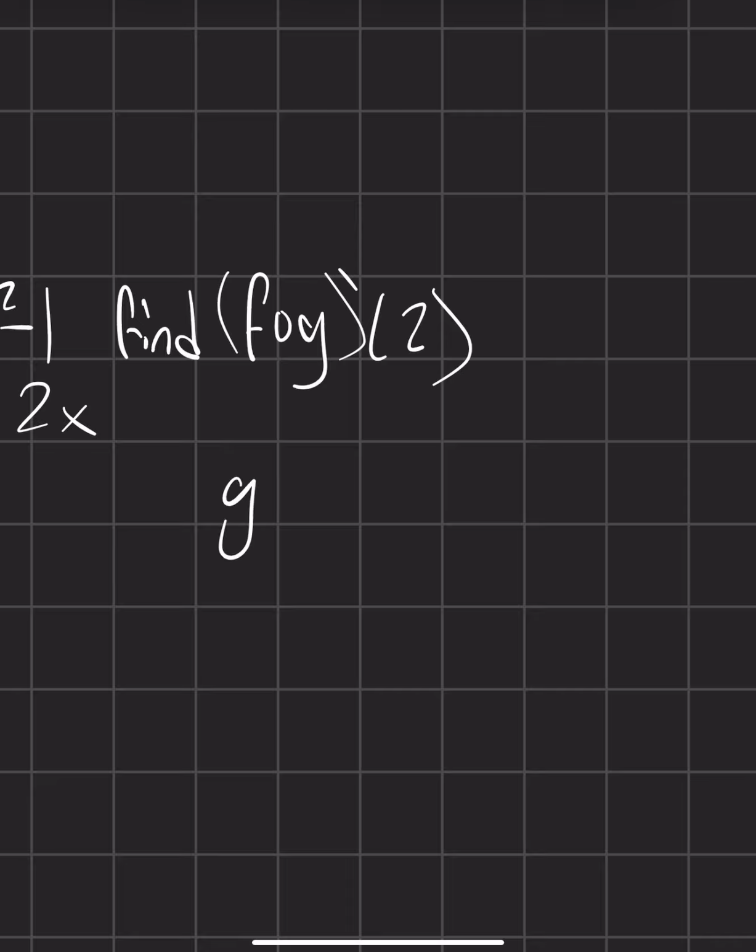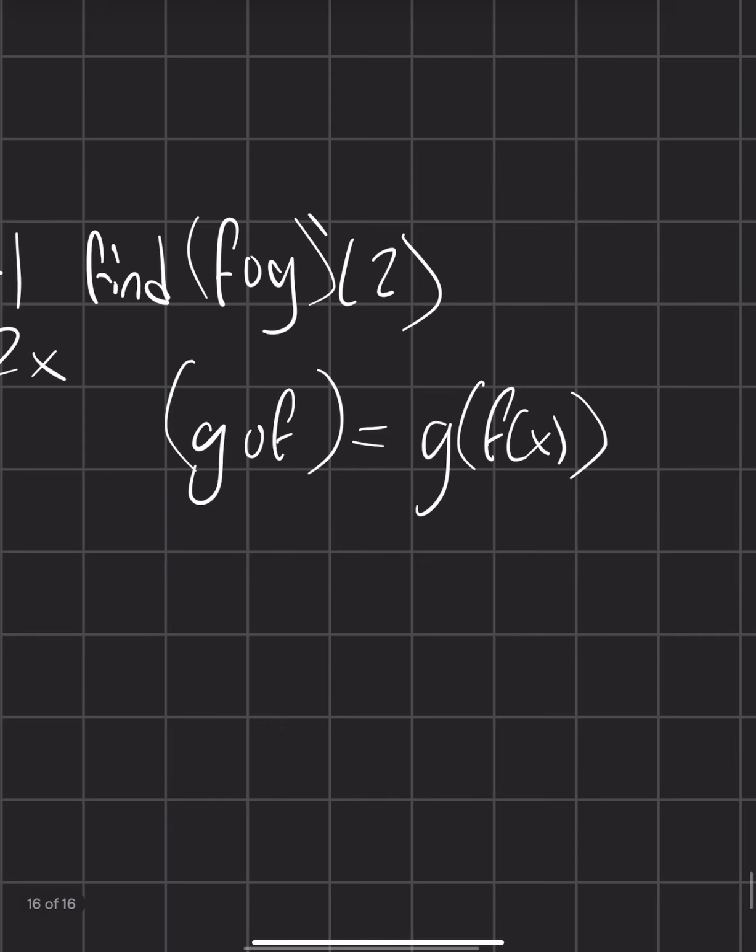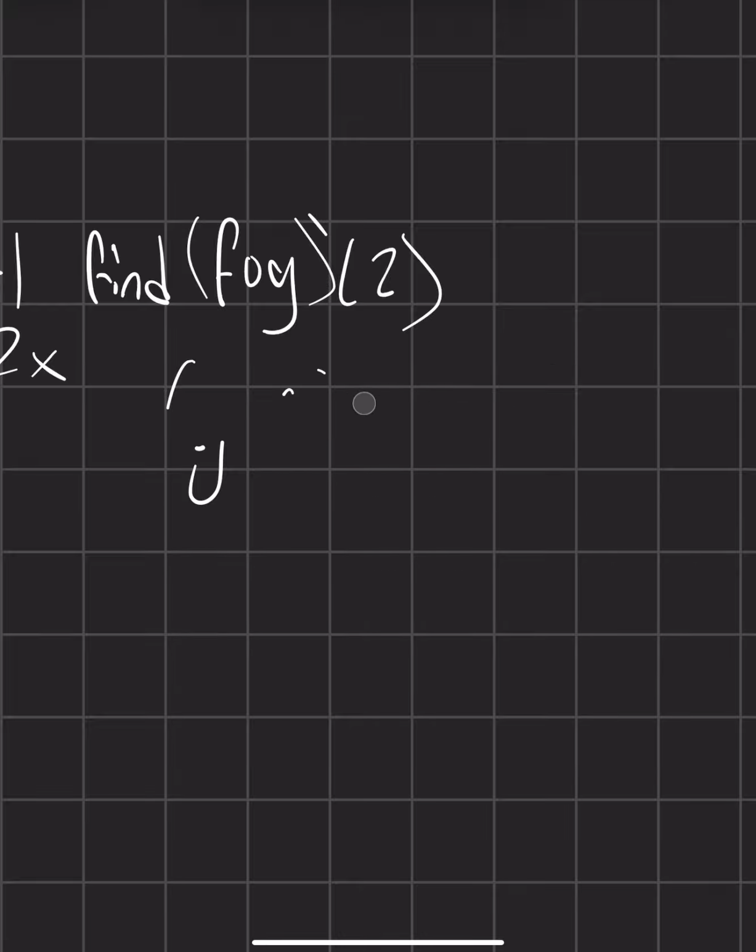So say if we did g circle f, that is equivalent to g of f of x. Much different than f circle g, which is f of g of x. Keep that in mind, because those will get very different answers. And I think we'll go over the difference in the two answers with this question and what it gives.